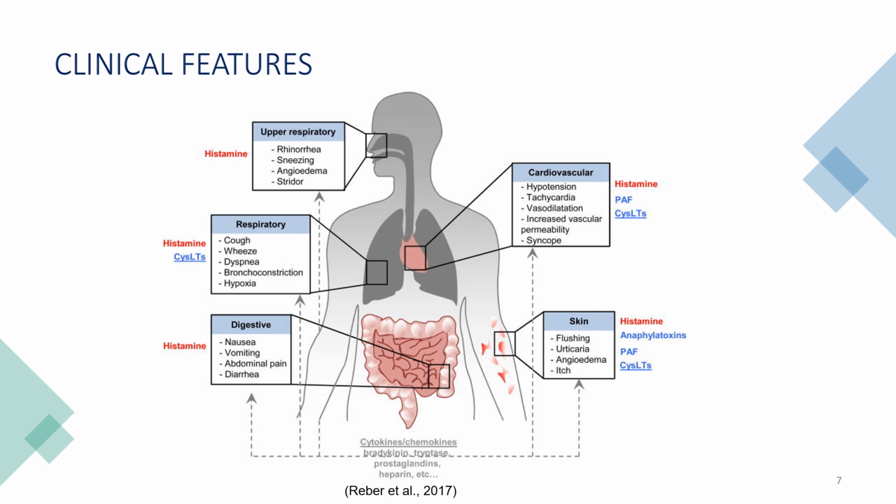Skin changes occur, including urticaria, flushing, and mottling in late stages of shock. Finally, cardiovascular features include tachycardia, syncope, increased vascular permeability, and vasodilation, which leads to hypotension and distributive shock. Pulse pressure is seen to widen, capillary refill is delayed, and extremities are warm.